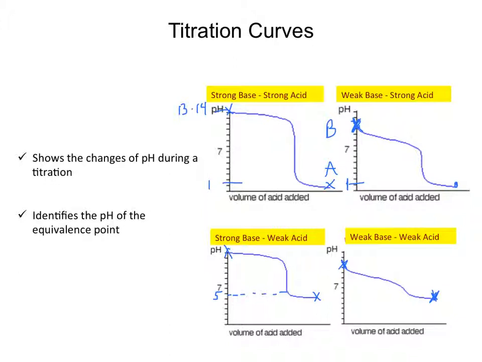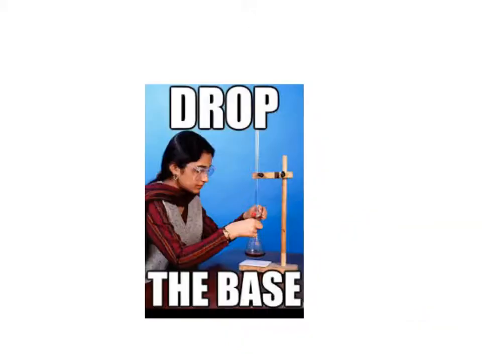So there's lots of different scenarios of titrations, and being able to look at a titration curve and identify what your starting substance is, what's in the analyte is the starting point, and then what you're adding in the burette will be the end point.